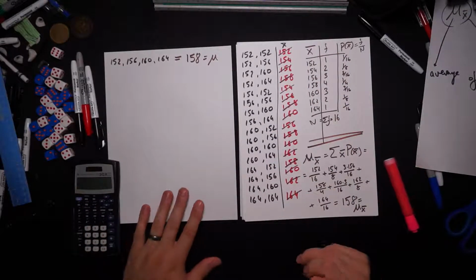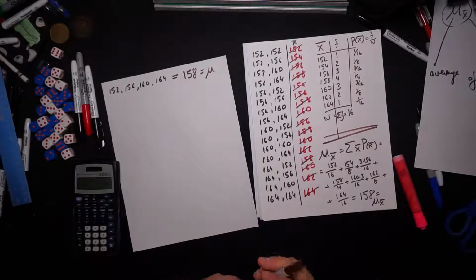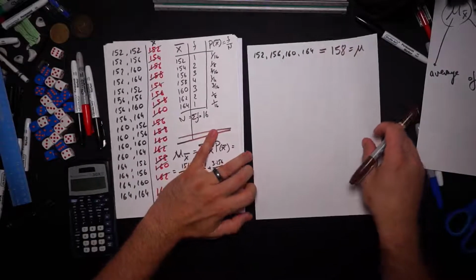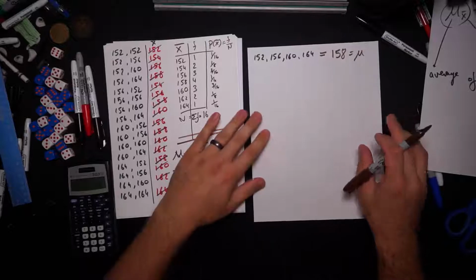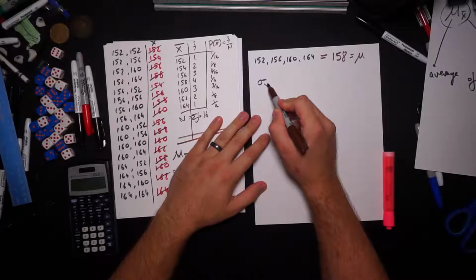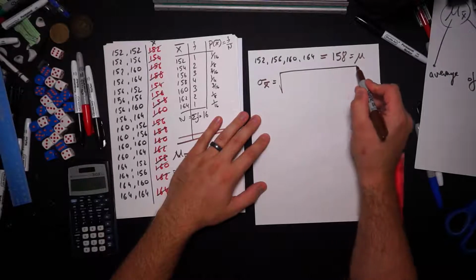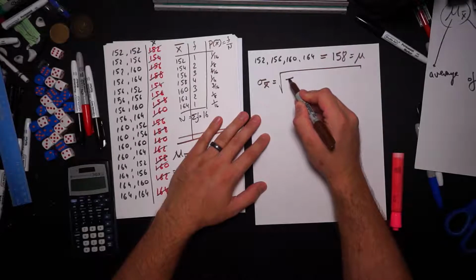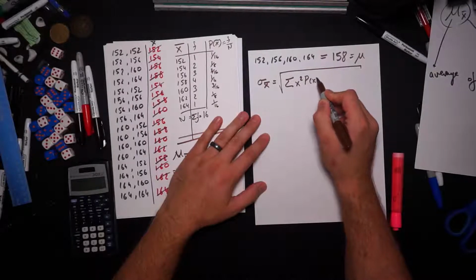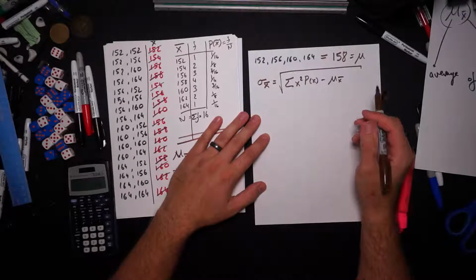All right, we need to calculate the standard deviation. Because we love standard deviation. All right, standard deviation. What's the formula for standard deviation? The standard deviation formula looks something like this. Something like that.